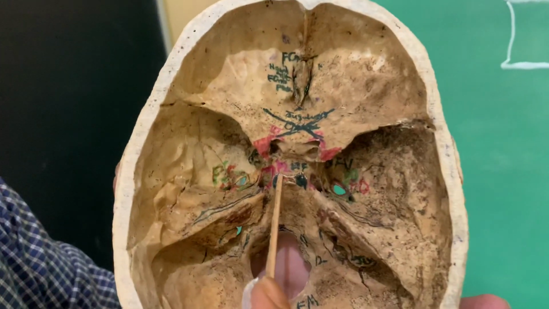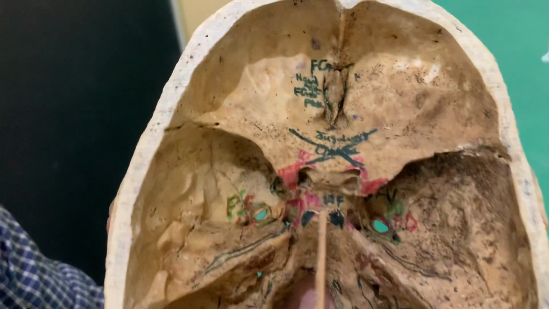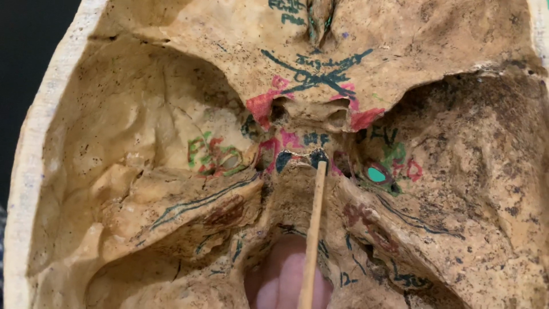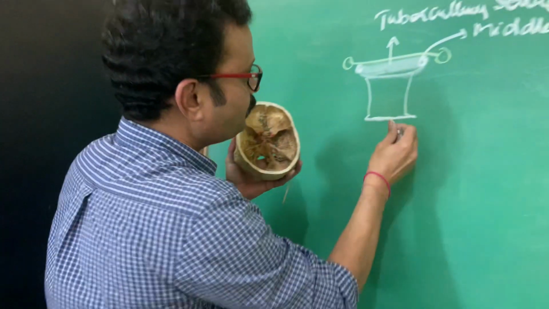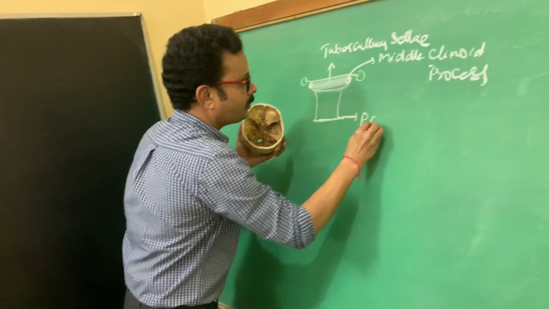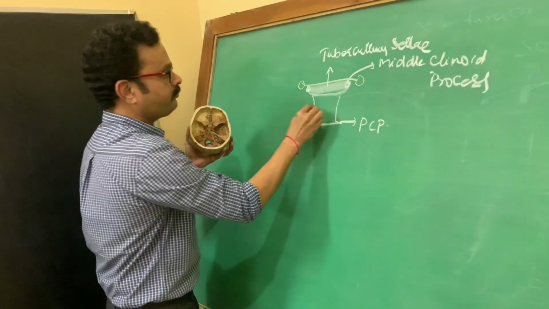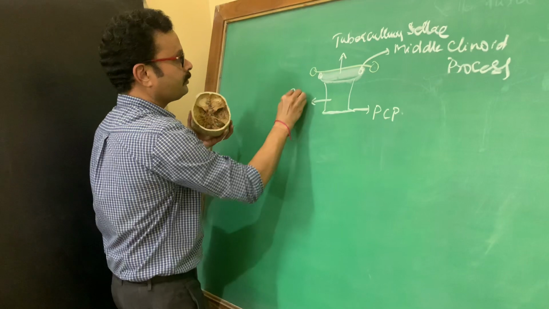This one is called the dorsum sellae, and the lateral ends of the dorsum sellae are called posterior clinoid processes. Okay, that means these two are the posterior clinoid processes. In between we find sella turcica.